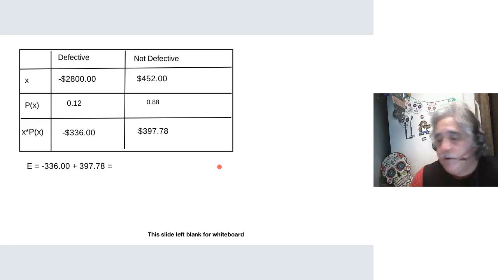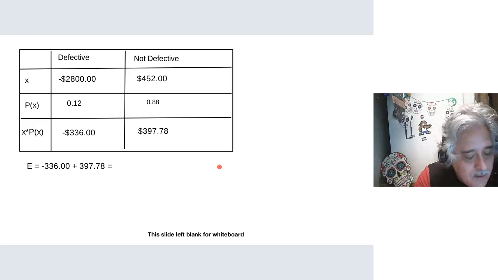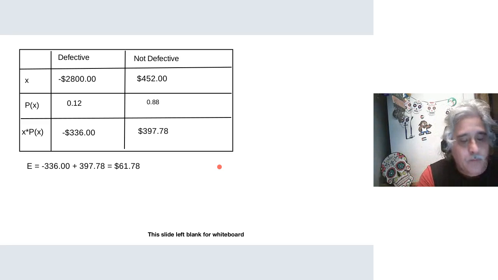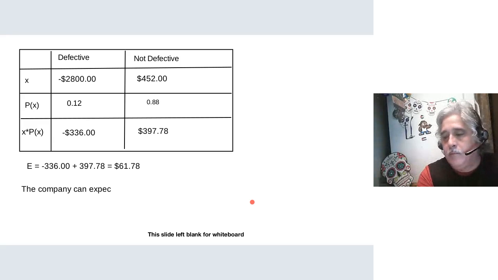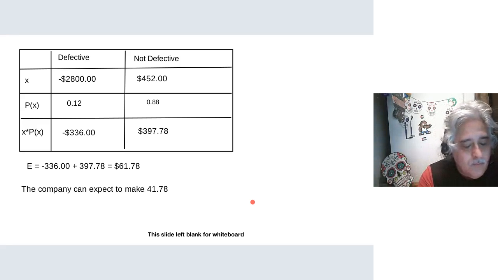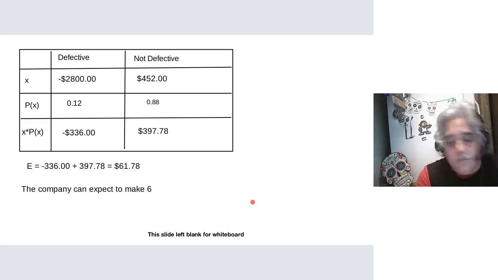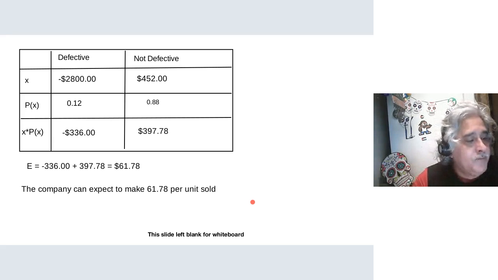So this is going to be positive because the negative is smaller than the. All right. So just to sum it up, okay? Does that make sense?